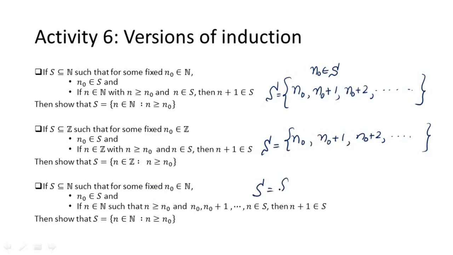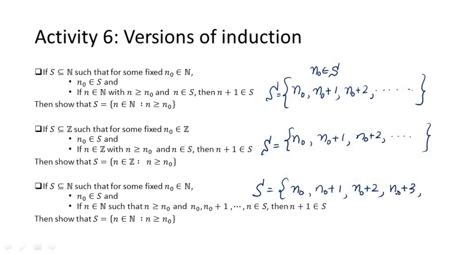Here we have n0 belongs to S. Now, the second condition implies that if all the numbers from n0 all the way up to n belong to S, then n plus 1 belongs to S. Now, because n0 belongs to S, and all the numbers from n0 to n0 are there, therefore n0 plus 1 is in S. Because n0 and n0 plus 1 are there, n0 plus 2 is also there.